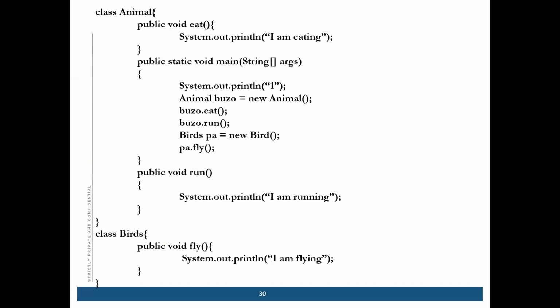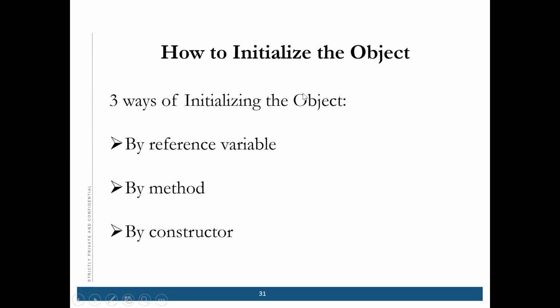Now moving on. So this is the way we can call methods from a different class. Now there is one more thing: how to initialize the object. There are three ways of initializing the object: by reference variable, by method, and by constructor.